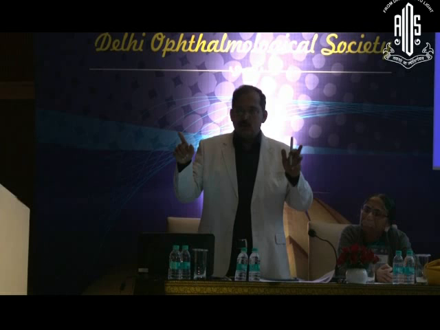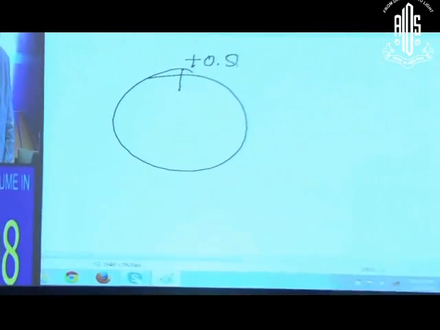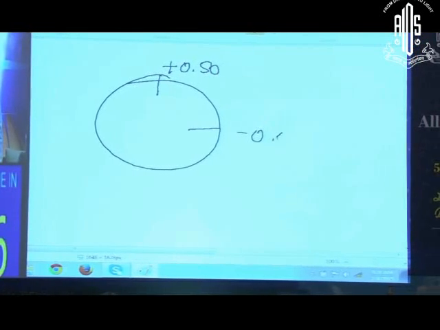See, cross cylinder is a spherocylinder which has cylinders of the same strength but opposite denomination, opposite signs, at 90 degrees to each other. That means if this is the cross cylinder, this will have plus 0.5, this will have minus 0.5.